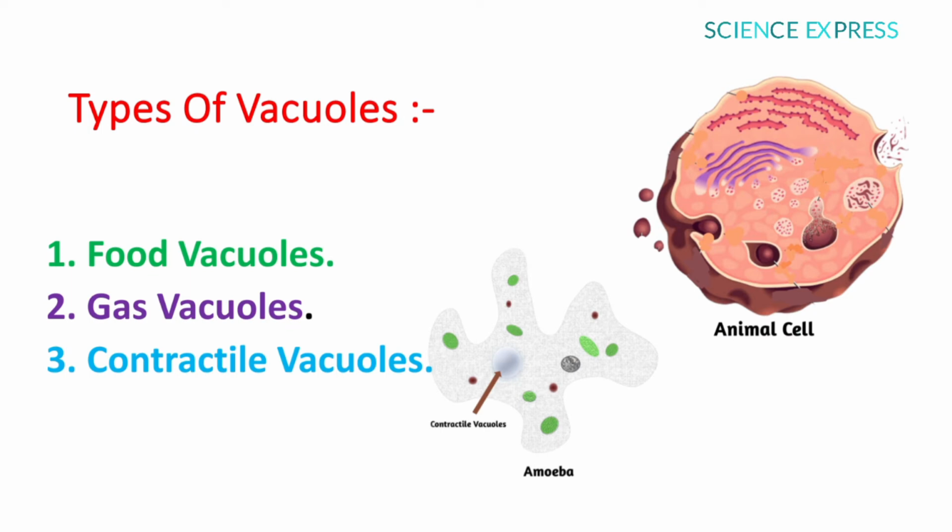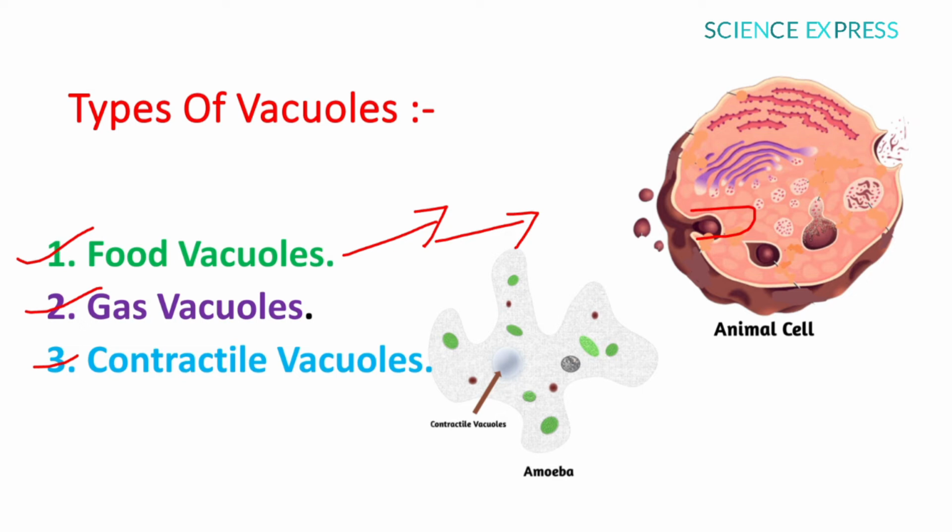Now discuss the types of vacuole. There are three types mainly: food vacuole, gas vacuole and contractile vacuole. The food vacuole is for the purpose of food consumption. Example, here we can see the amoeboid cell, or mainly in animal cells.